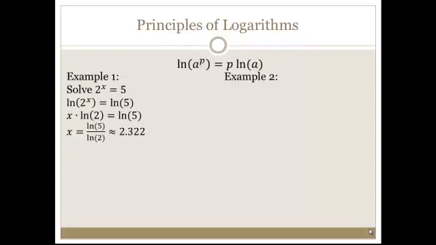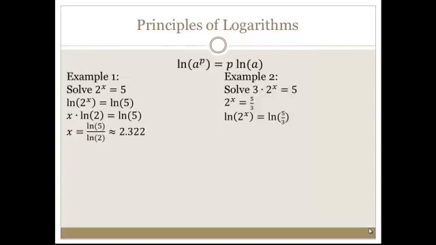In our next example, let's solve 3 times 2 to the x equals 5. The difference in this example is that we have multiplication by 3 on the left-hand side. Let's make this equation look more like the one we just solved by dividing by 3 to get 2 to the x equals 5 over 3. Now, following the same steps, we'll take the natural log of both sides to get at x.